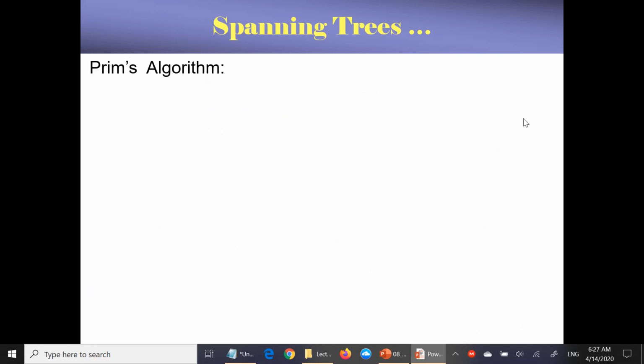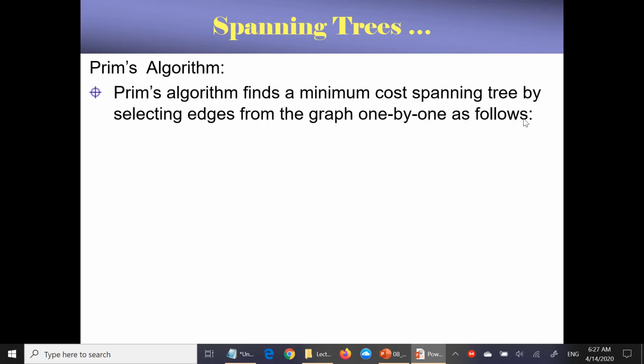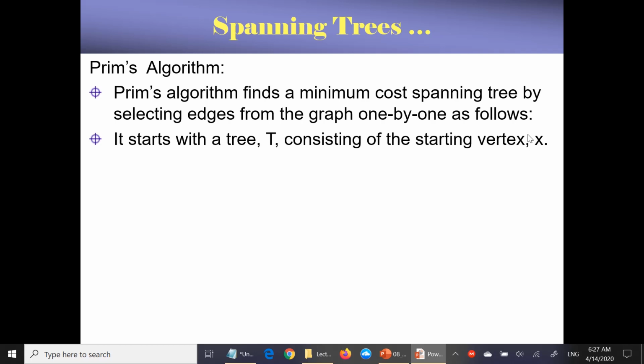So we start with Prim's algorithm for finding minimum spanning tree. Prim's algorithm finds a minimum cost spanning tree by selecting edges from the graph one by one as follows. It starts with a tree T consisting of only the starting vertex. So it's trying to create a new graph out of the given graph by first considering only the starting vertex.